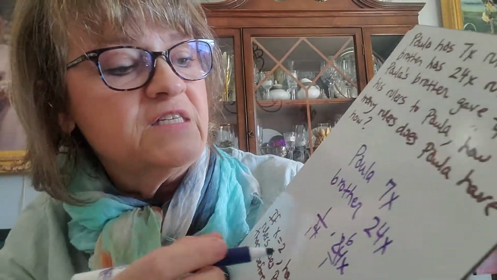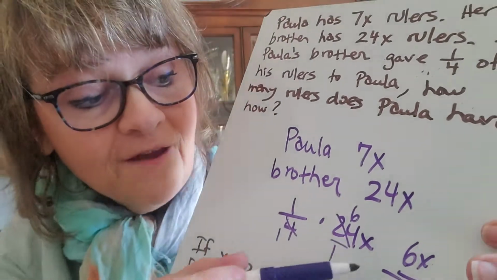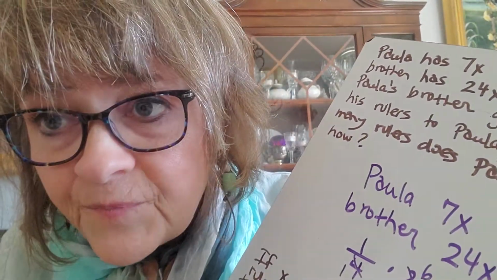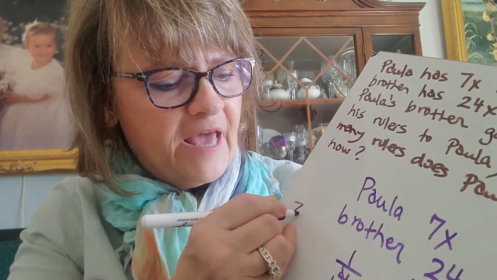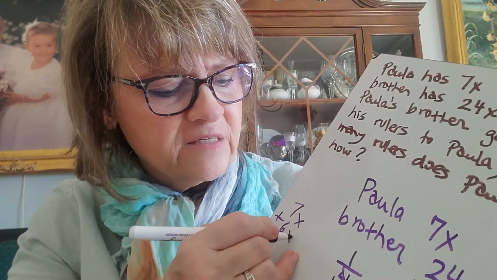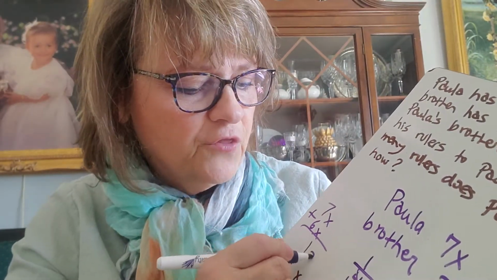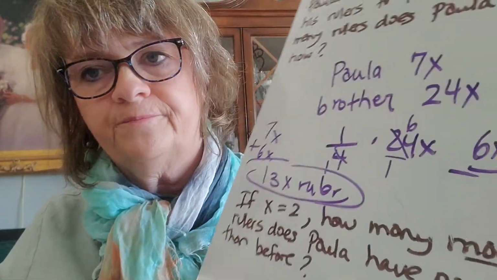So that gives us 6x rulers for the brother. And he gave that many to Paula. She had 7x. He gave her 6x of them. So now Paula has 7x plus 6x, which is how many rulers? Yes. Now she has 13x rulers. So that's the answer to the first question.